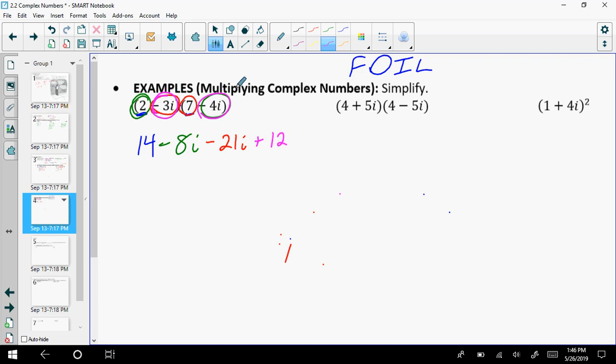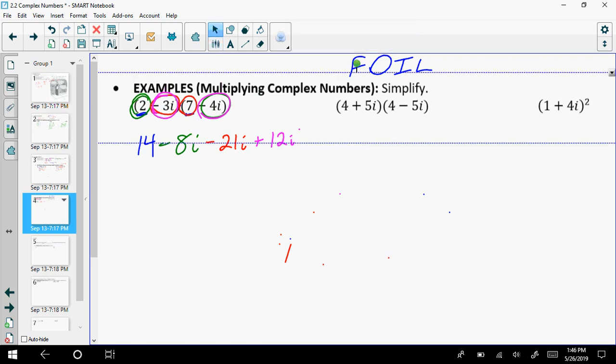And when I do i times i, just like with x's, I add the exponents. So I'd get i squared. Let's combine like terms. So 14, a negative 8i minus 21i is negative 29i. And then I still have my i squared.